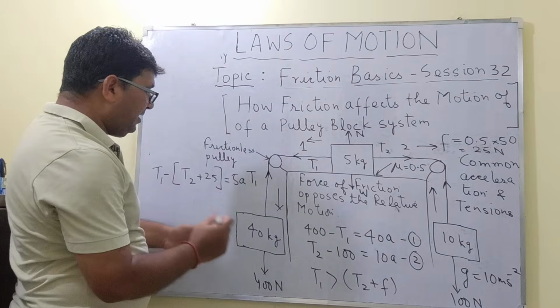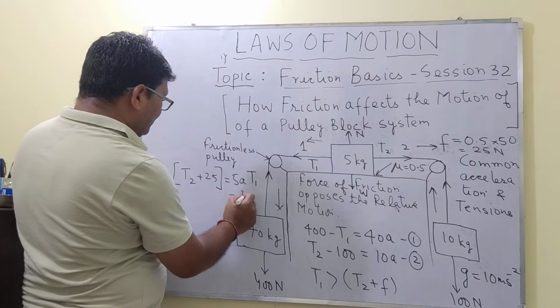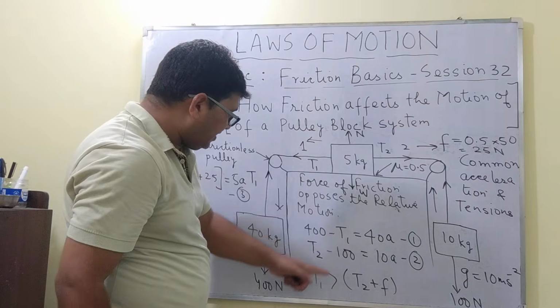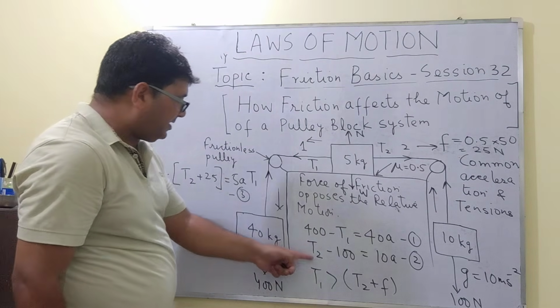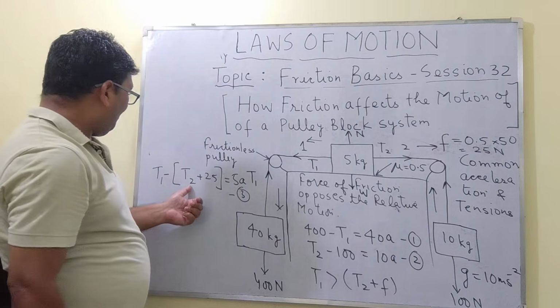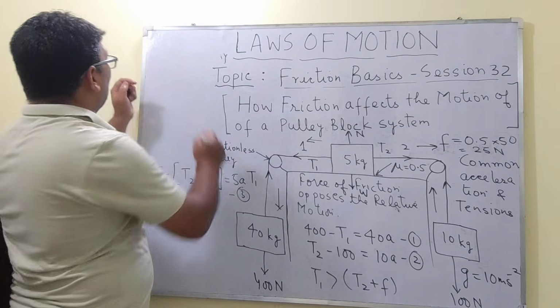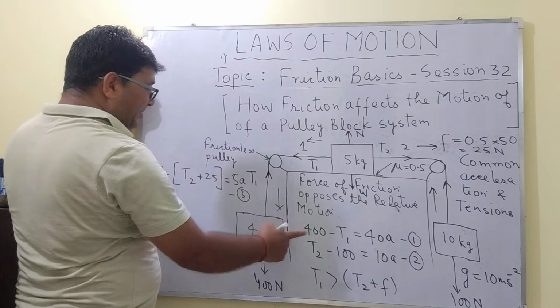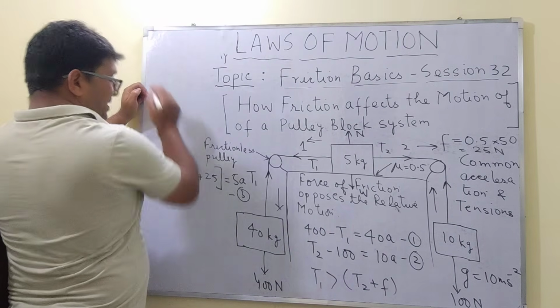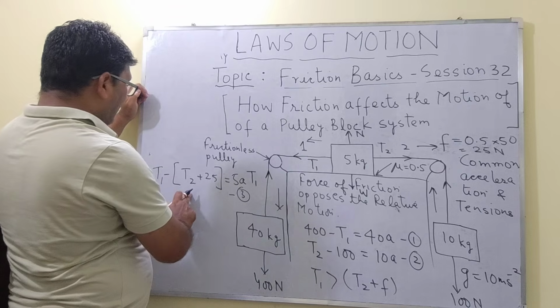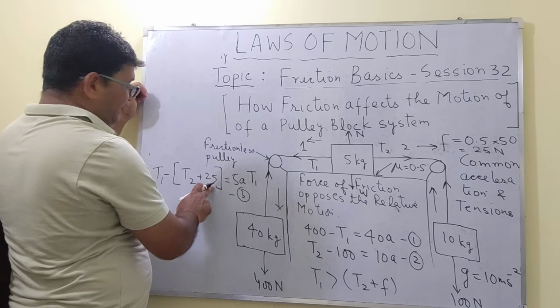So how will we do that? I will add all these three equations. If we add, then here T1 and this minus T1, this T1 will cancel out. T2 and this minus T2 will also cancel out. So finally what I will be getting is 400 minus 100 minus 25.